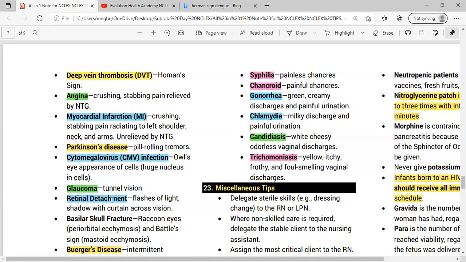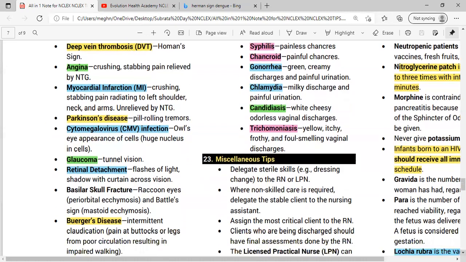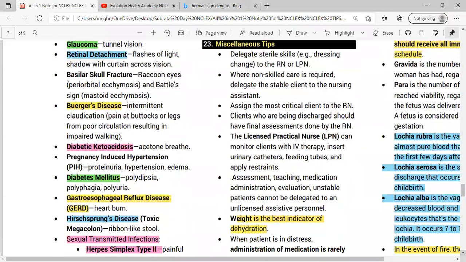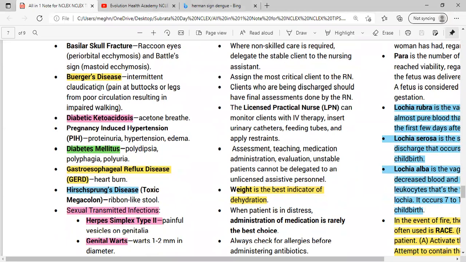Retinal detachment: we find flashes of light and a shadow like a curtain across the vision, the characteristic feature of retinal detachment. Next, in case of Buerger disease, we find intermittent claudication, meaning pain in the buttock and legs from poor circulation. When the patient walks, pain starts, and when they take rest, the pain disappears. It is called intermittent claudication.